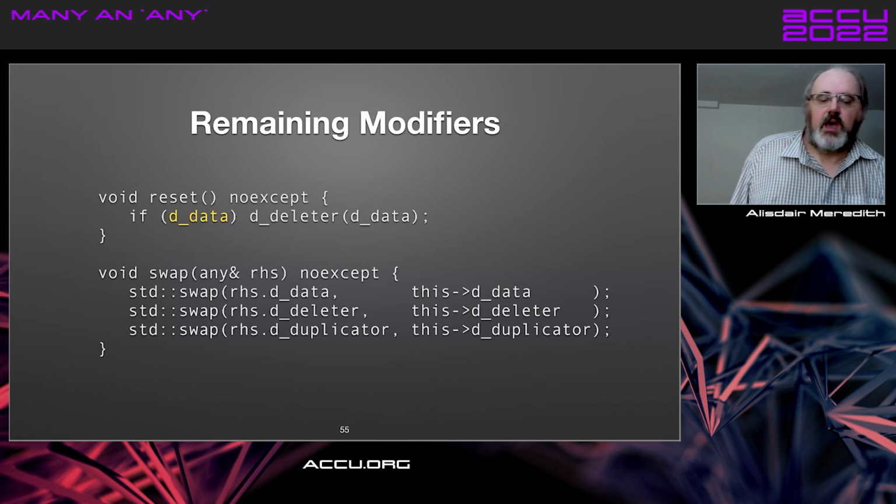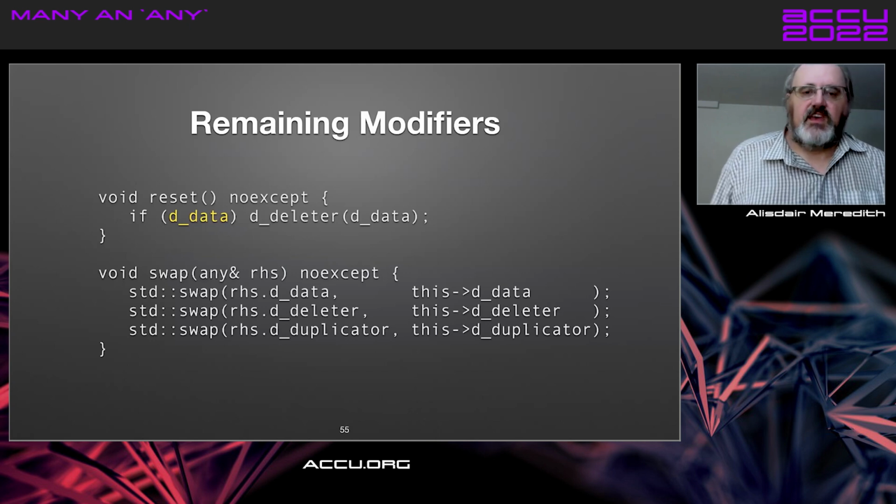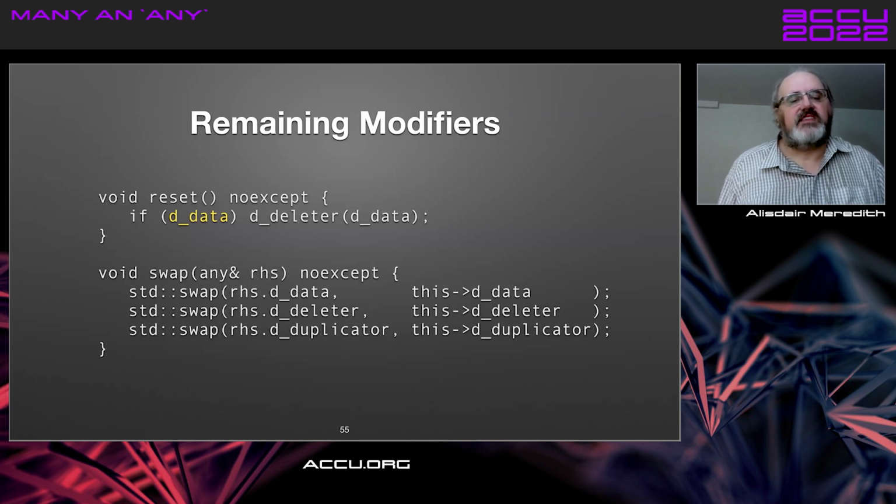So, moving on to the rest of the interface, there are a couple of modifiers that we had. We had the reset function. Again, if we check for our data member, we can then run the delete and say, yep, I have something, I'd better destroy it. And I'm missing my line that then resets d under data to null. It was there in my implementation, but I must have fixed it after the slide where this was not supposed to be exposing a bug.